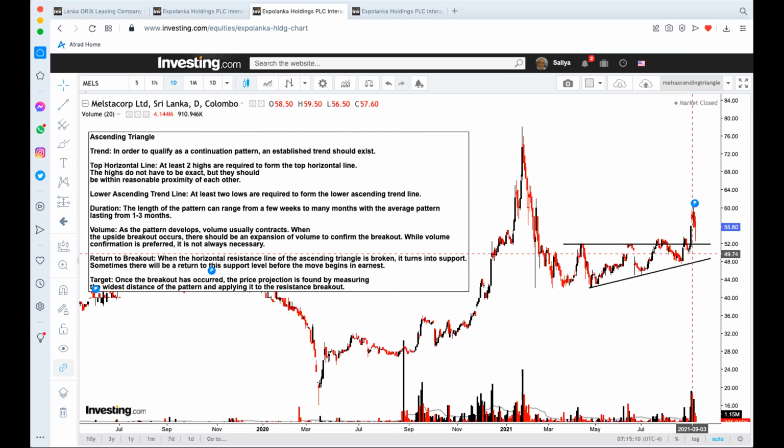When the trend resumes, ideally this type of volume behavior is ideal. The volume behavior is important, or rather not really important, but it will be ideal. Why I'm saying it's not important is because of the ascending triangle. In certain instances, based on the guidelines that I have given here, incidentally, these are the guidelines as per international standards.